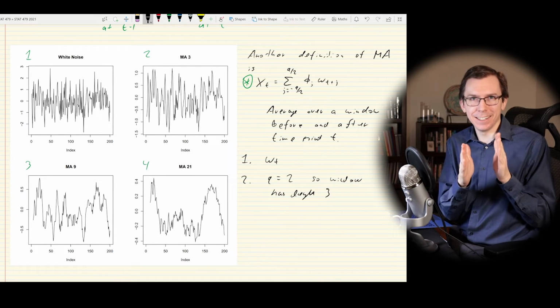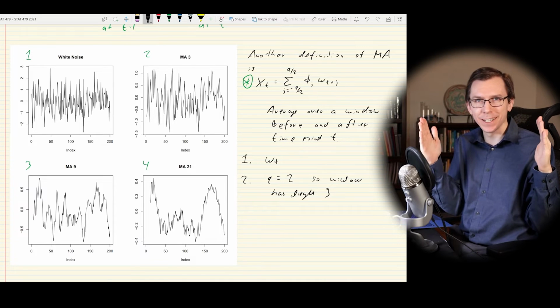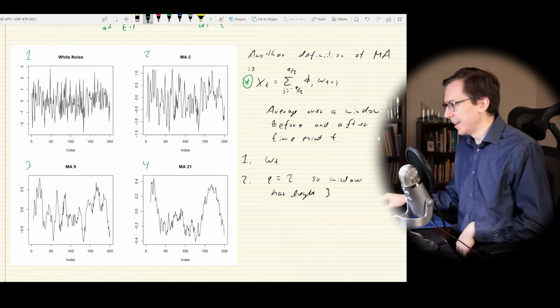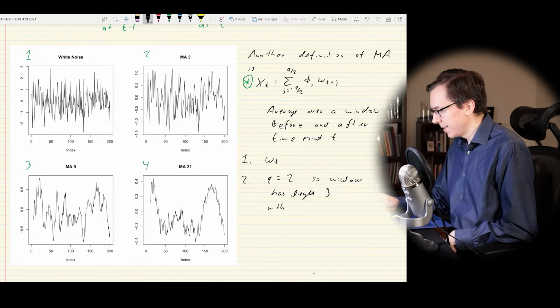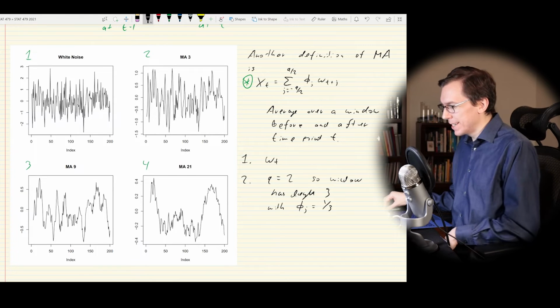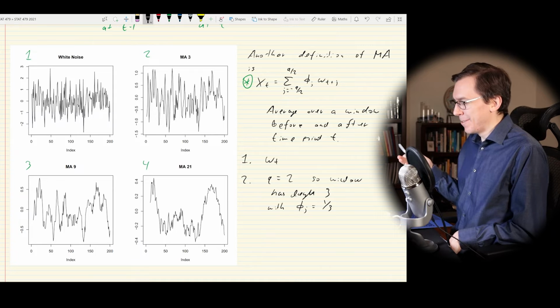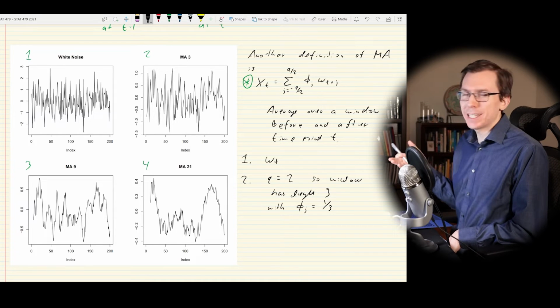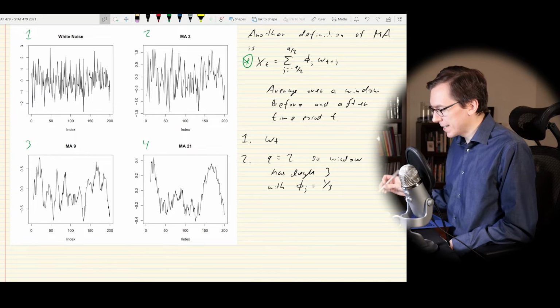So I'm taking the current time point and the adjacent minus 1 and plus 1 time points and averaging them, with phi_j just being 1 over 3. What we get in plot number 2 is a slightly smoother but still pretty noisy looking thing compared to the white noise process.